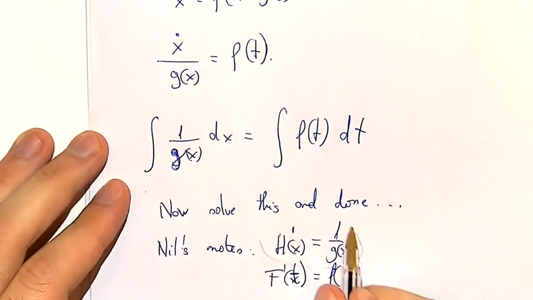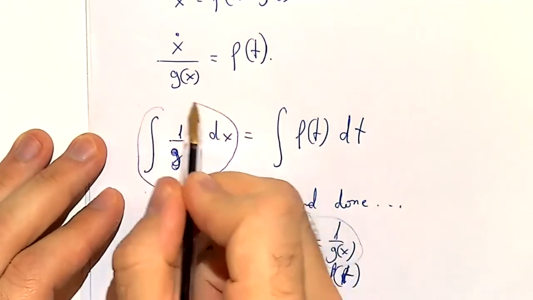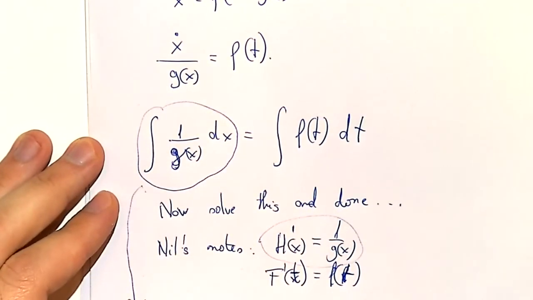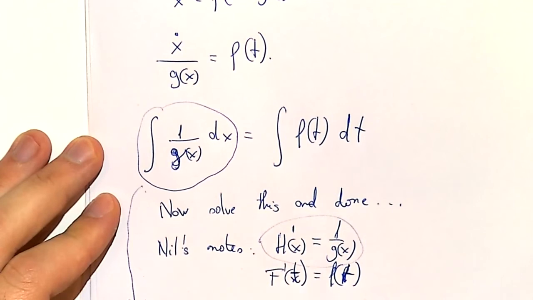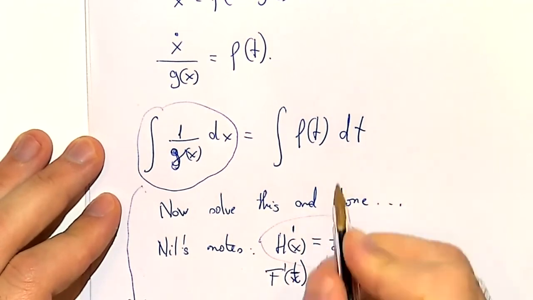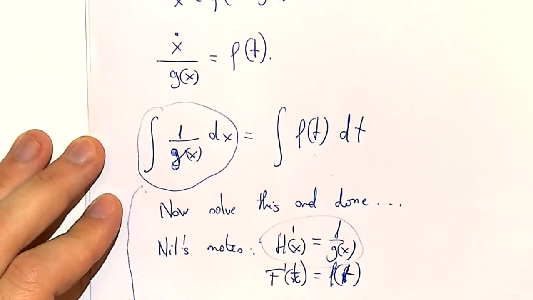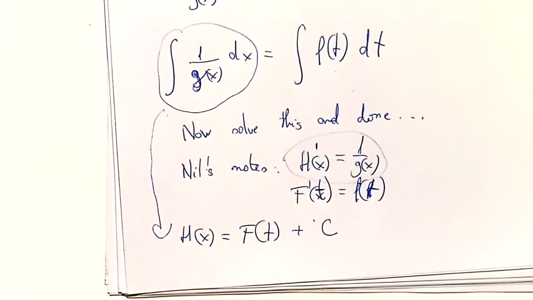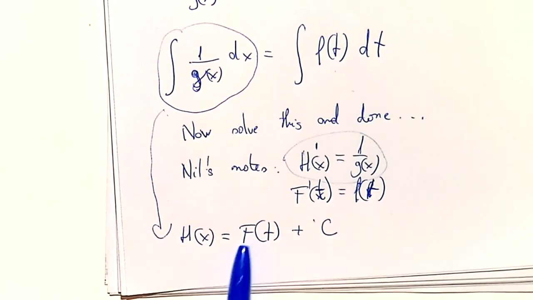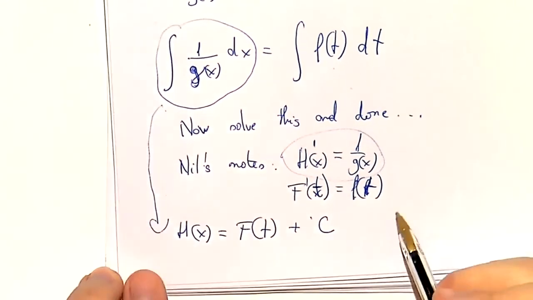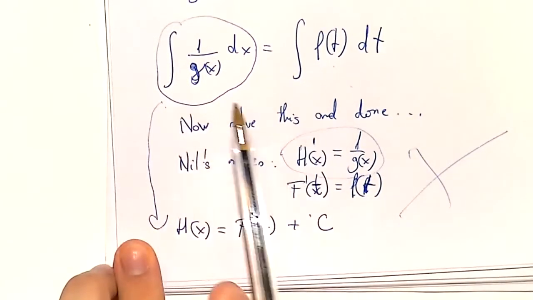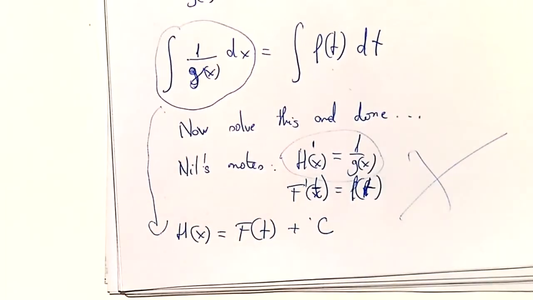If this is the derivative here, then this integral just becomes h(x) is equal to, same argument here, F(t) plus a constant. Again, if you don't like this notation, just ignore it. Once you reach the double integral part, you just solve that, you get a solution for x, and you're done. We're going to do examples in a second.